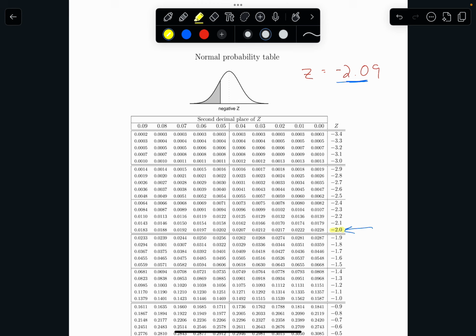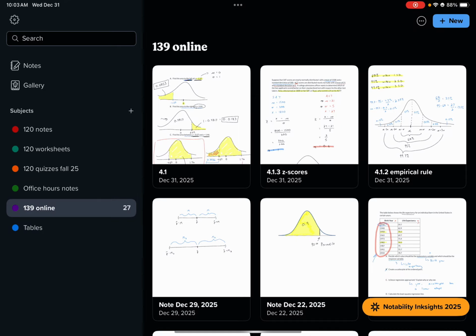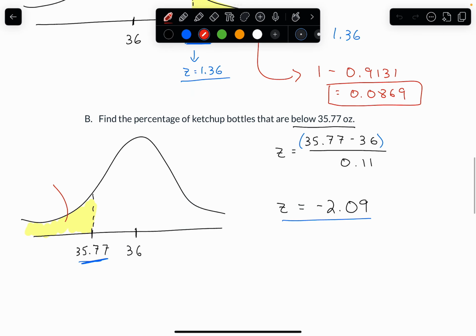So let's highlight that row. And then 9, that second decimal right here, we're looking all the way at this far left-hand column over here. Here's 0.9. So that means that the area to the left of this number is 0.0183. And that's all I really needed to do. I'm going to go ahead and hop back over and just make sure that I make that my answer.